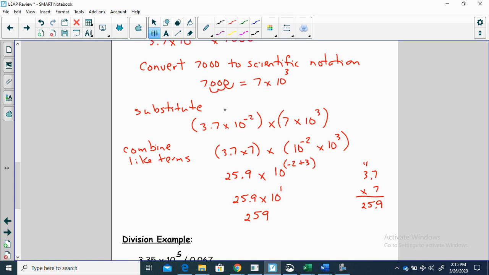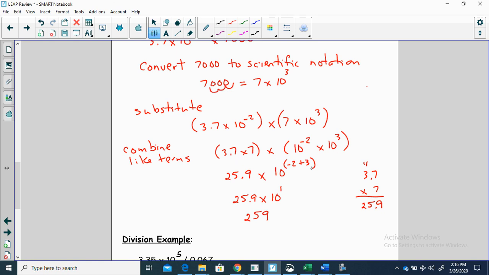Now, let's substitute this in. We had 3.7 times 10 to the negative 2, and we've substituted 7 times 10 to the 3 in place of the 7,000. Let's collect our terms that are alike here. 3.7 and 7 are just numbers, where these are 10s with exponents. 3.7 times 7, and 10 to the negative 2 times 10 to the third.